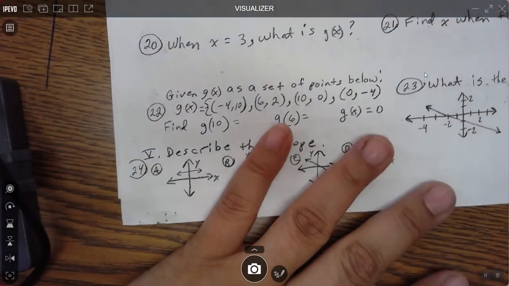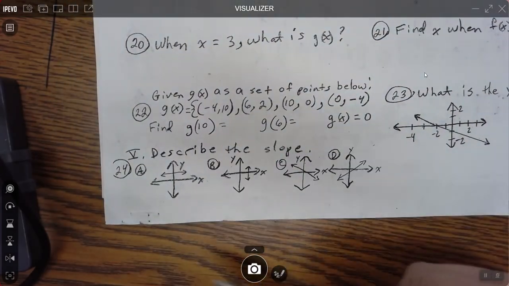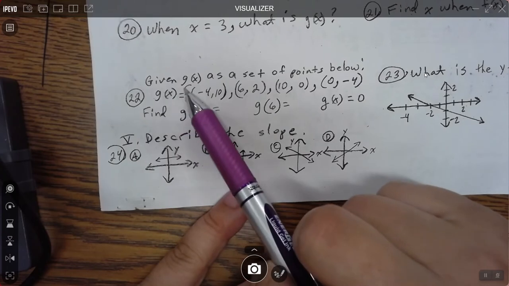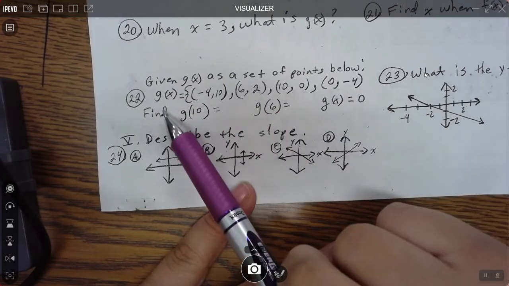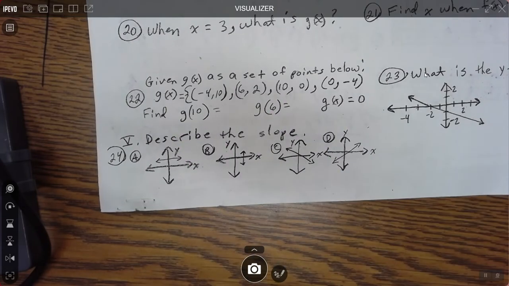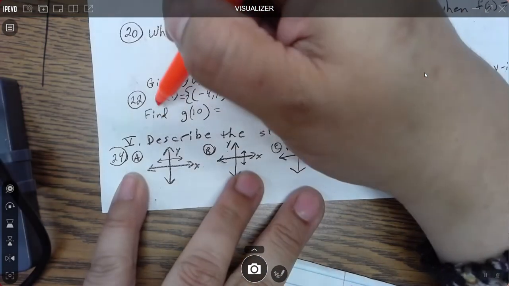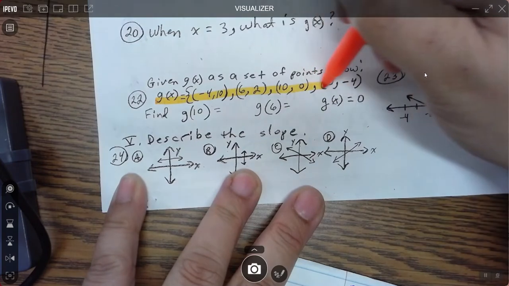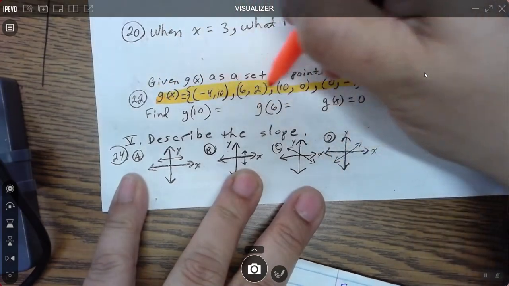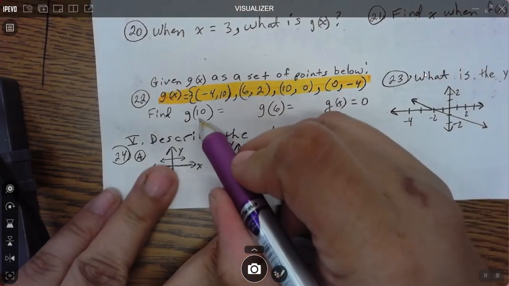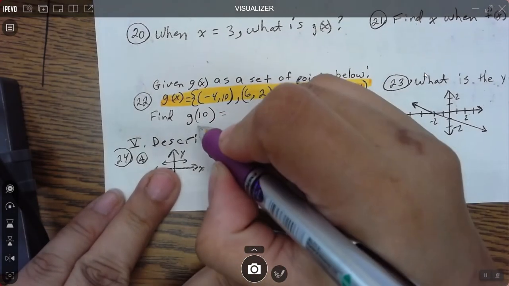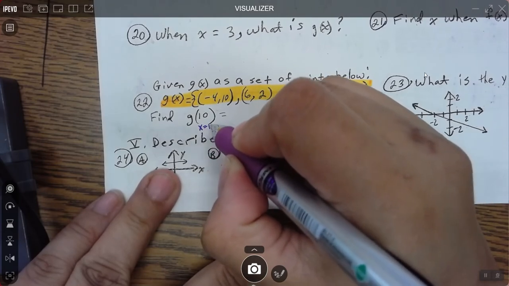All right. Number 22. Given that g of x is the set of points below, so g of x is these points right here, right? This is how they're defining the function. All right, you see how the 10 is inside the parentheses? That means that x equals 10.